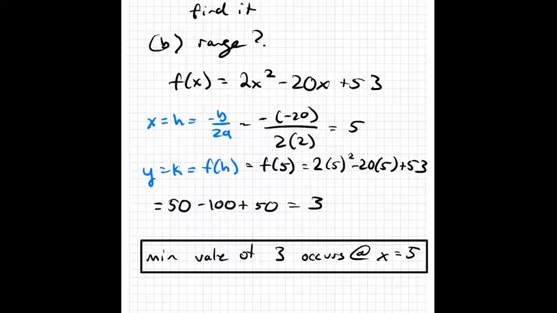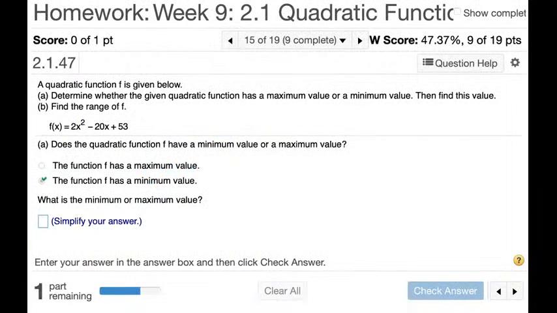When x is 5, what were the other questions? Let me hop back over here. So what's the minimum value? Let's go ahead and hop to Pearson. What is the minimum value? The minimum value is 3.